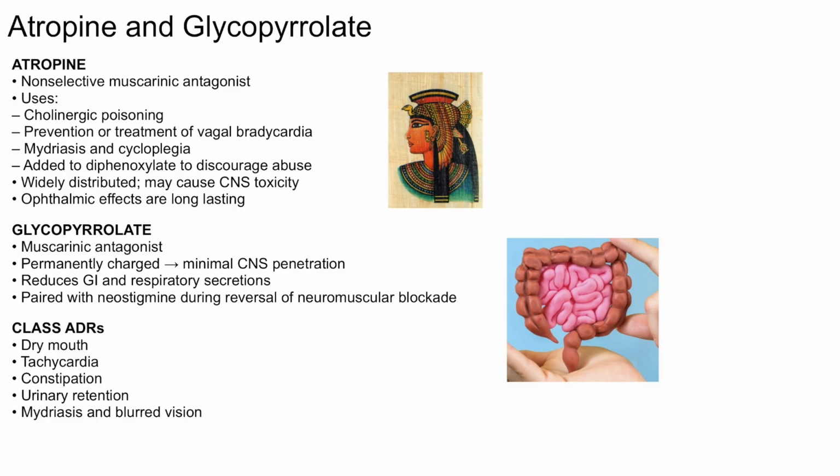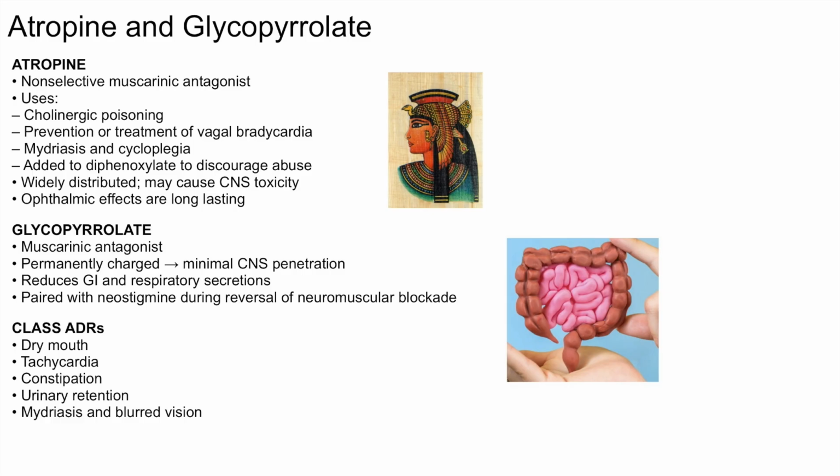With glycopyrrolate, I already gave you guys the Cleopatra way to remember atropine, but with glycopyrrolate, I just remember the G in glycopyrrolate, G for gut as well. So I just remember that this one is mainly used for reduced GI and respiratory secretions, so I remember the GI association with glycopyrrolate there.